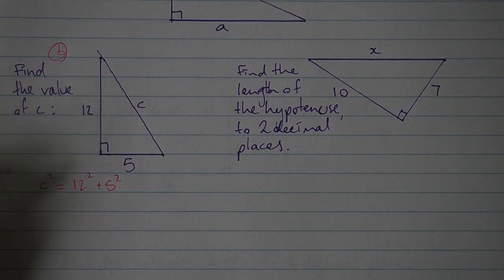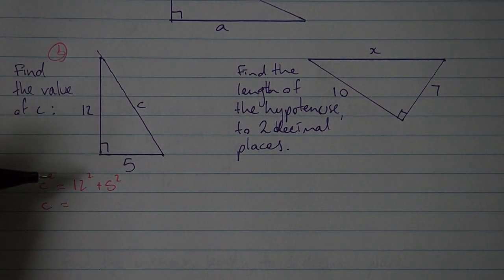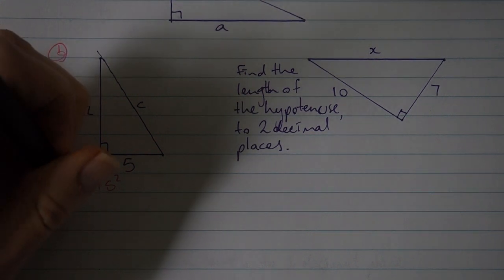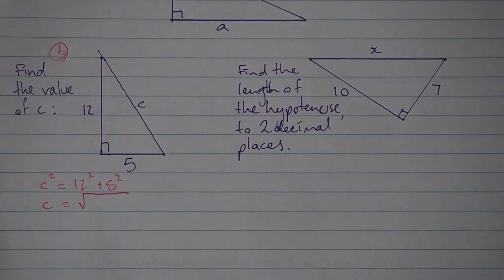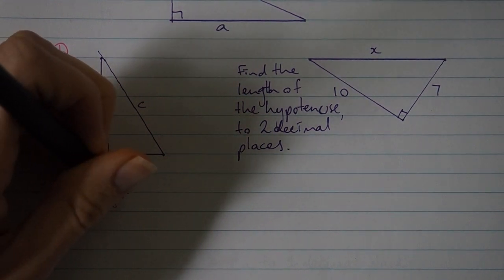Okay, now I don't want to find C squared, I want to find C at the end of it. So if I just have C, what I've done is I've done the opposite of squaring, and we should remember that the opposite of squaring is square rooting. So because I've gone from C squared to C, I'm actually square rooting this side. So 12 squared plus 5 squared.